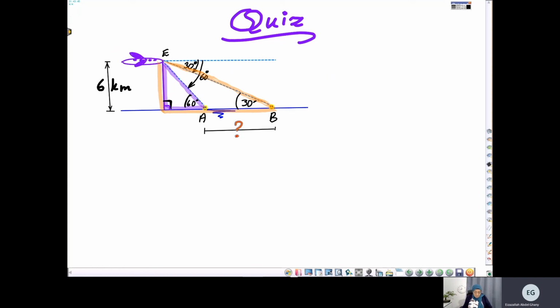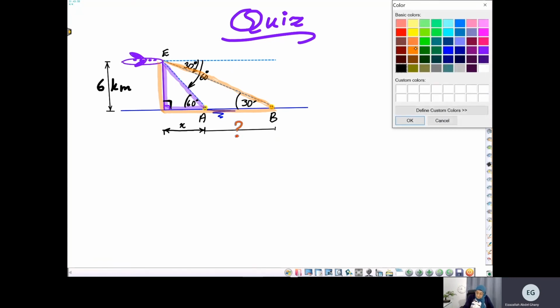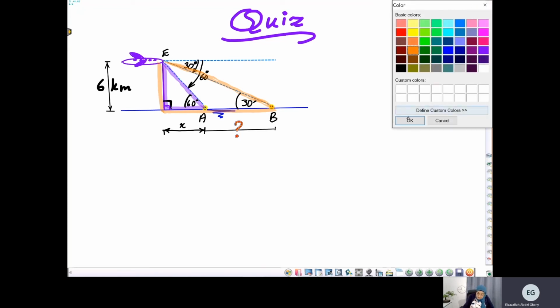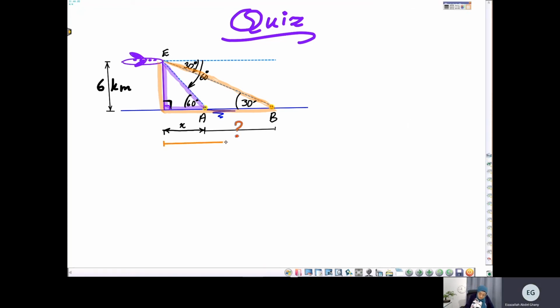Now about the purple triangle, we need to find this distance from here to here. We call it x. For the orange triangle, we need to find this orange distance from here to here. We can call it y.